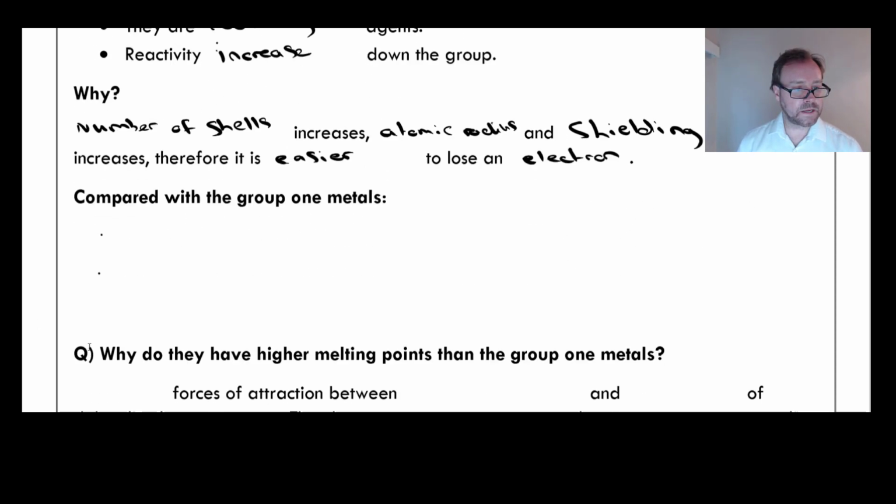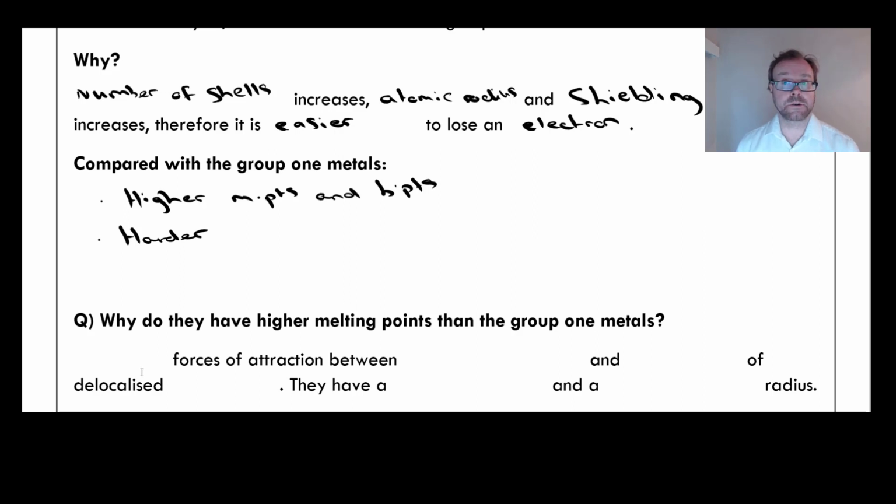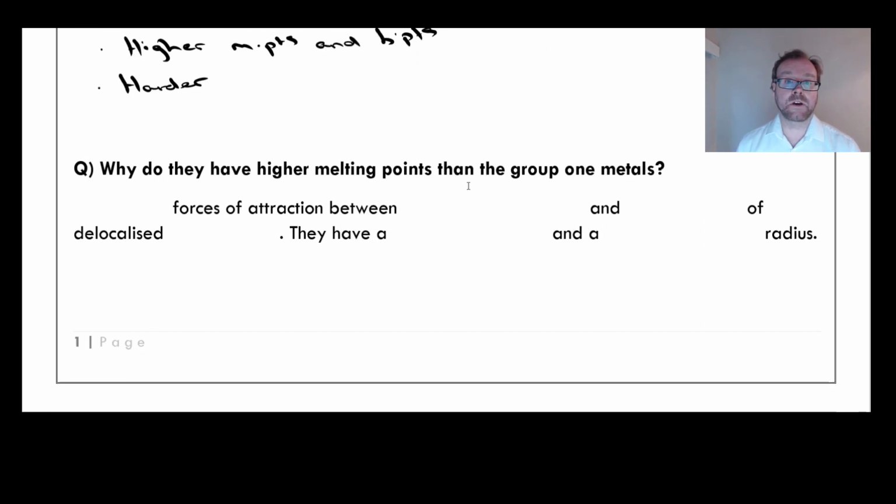Compared with group 1 metals, they have higher melting points and boiling points, and they're also harder. Again, have a think about this next question. Why do they have higher melting points than group 1 metals?